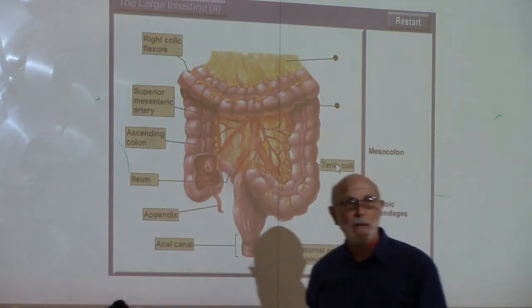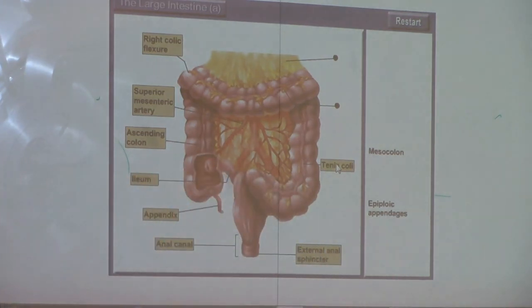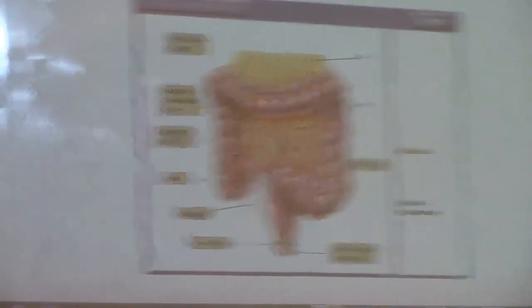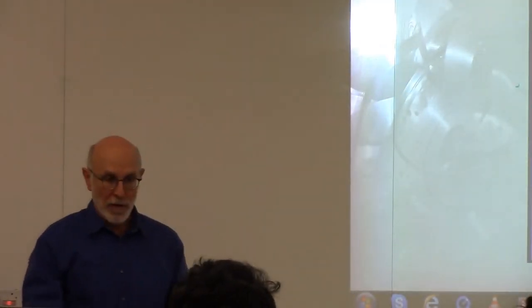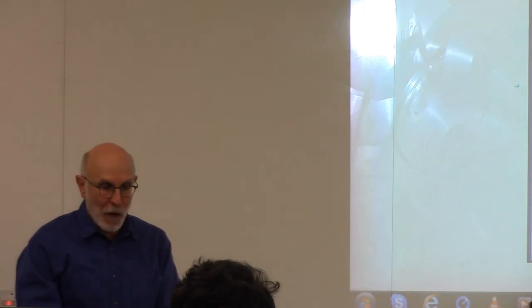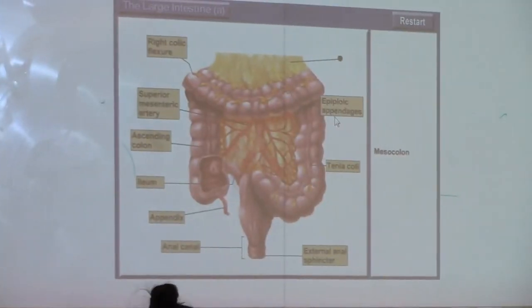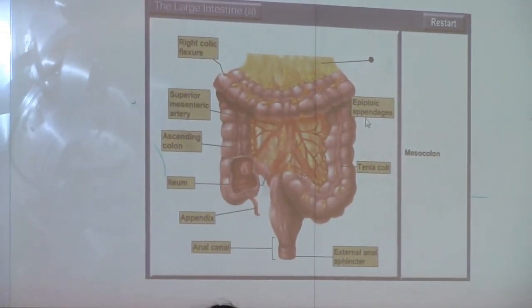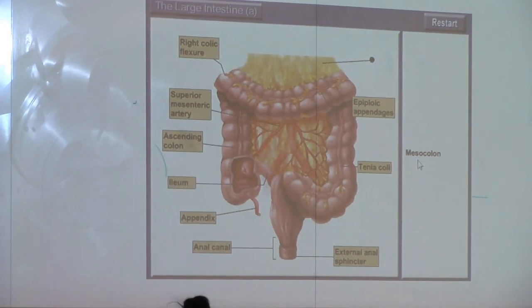This is all in the coloring book, but these words are not on your key list. They are worth extra credit, or they were on the quiz anyway. Epiploic appendages are these little fatty dongles off of the taenia coli, and the mesocolon is another name for the omentum.